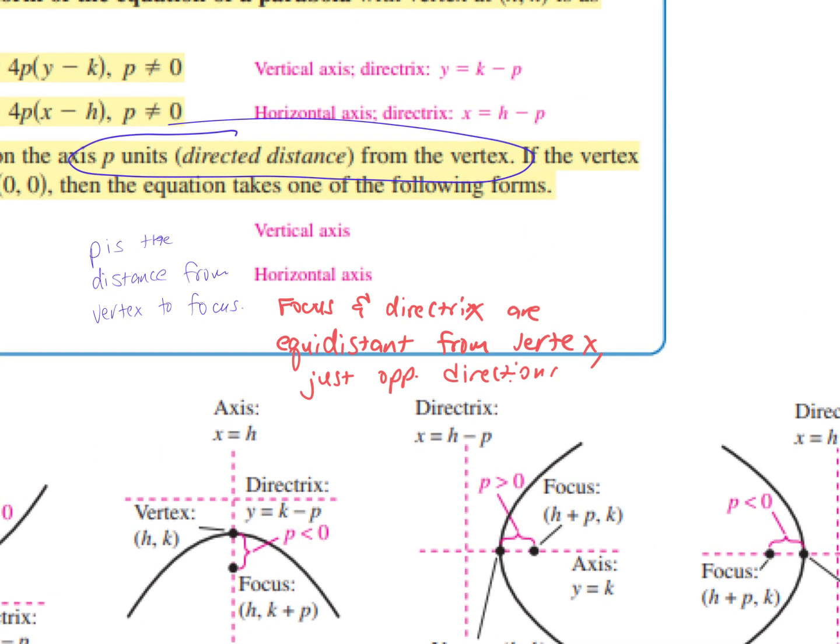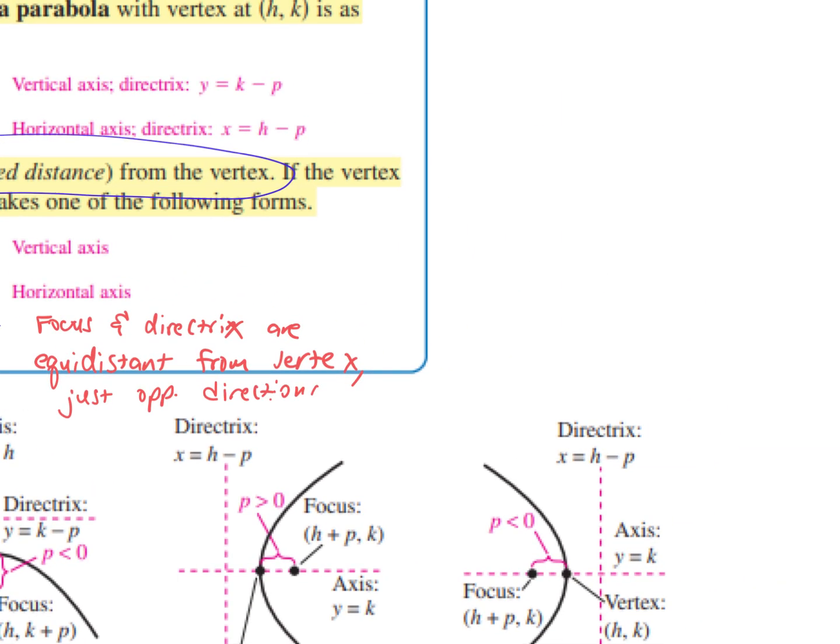Okay? I'm going to tell you guys to draw a picture. All right, they're going to tell you the vertex is at whatever. Here's my vertex. They might tell you that your focus is at, I don't know, -2, 4, right?